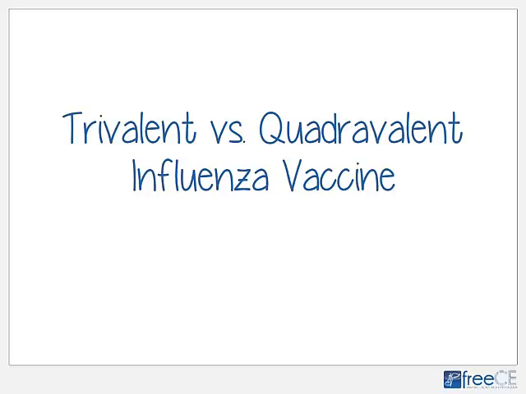So trivalent versus quadrivalent vaccine. The big reason for the development of the quadrivalent influenza vaccine is that there are two antigenically distinct influenza B lineages. They are the Yamagata and the Victoria lineages. Basically, the vaccine contained one or the other, and when you were immunized against one lineage, it provided limited or no cross protection against the strain from the alternative lineage.